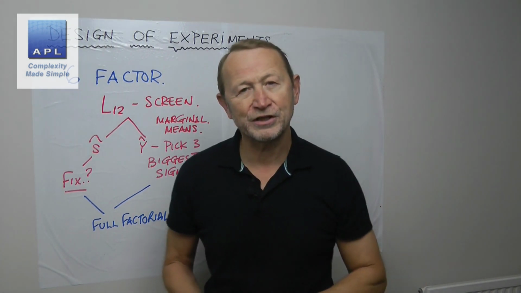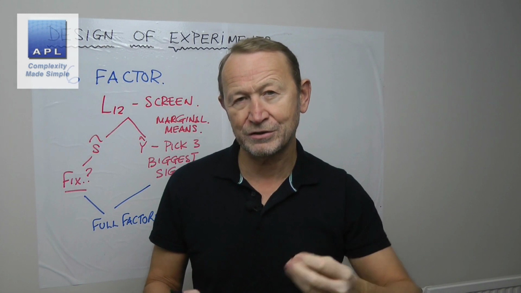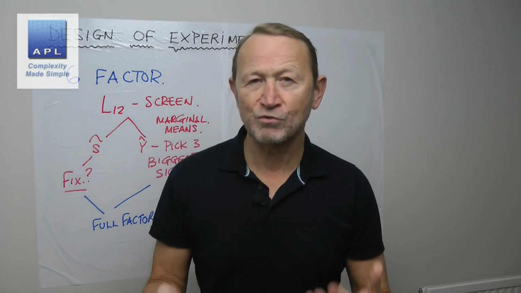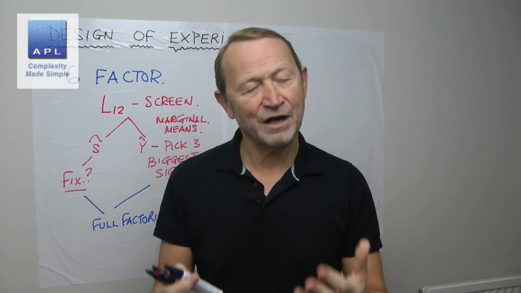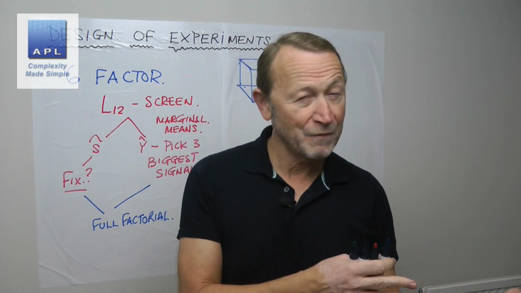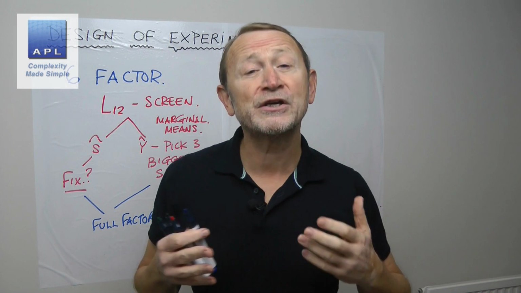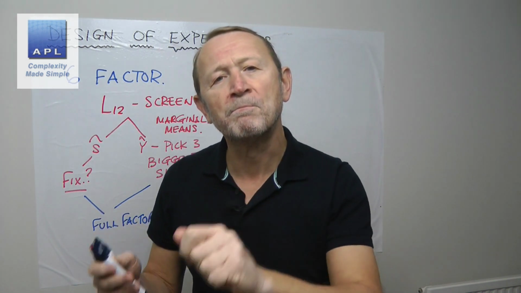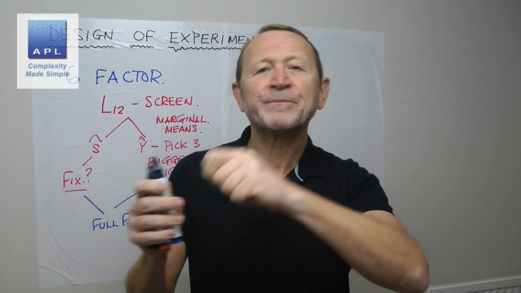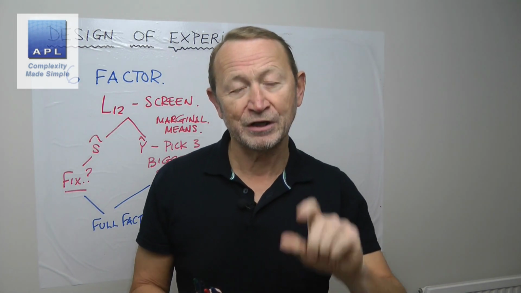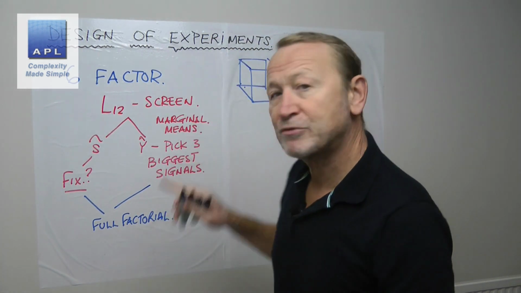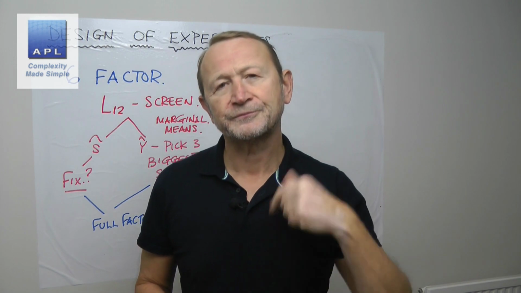And I'm keeping it to 3 just to be consistent. In real life, would I stick at 3? No, not necessarily. I might just pick the 2 big signals in this case, because those 2 big signals bully the process. They push the process around. But for consistency, I'm telling you to pick 3.